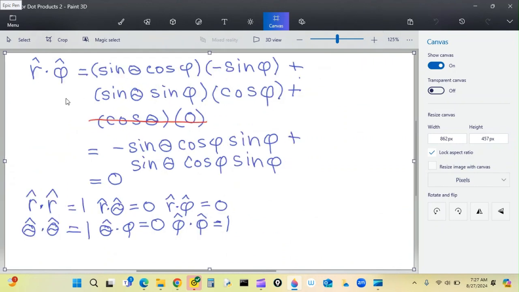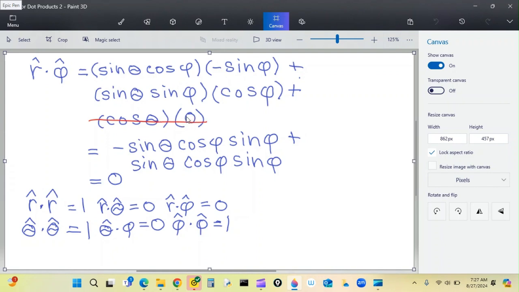Okay, we're almost done here. R dot phi, this will give us the pattern here, and I think you can live with some of these others. R dot phi, here's the r component, here's the phi component. Remember, phi just has a couple of very simple terms, and here's the r component and the phi component, and the last component has a 0 for the r component.